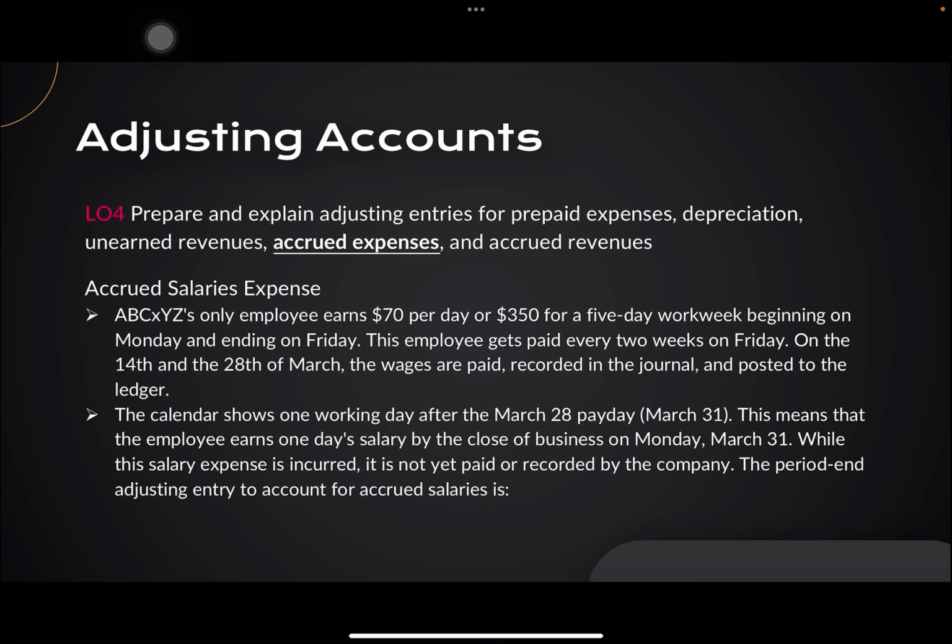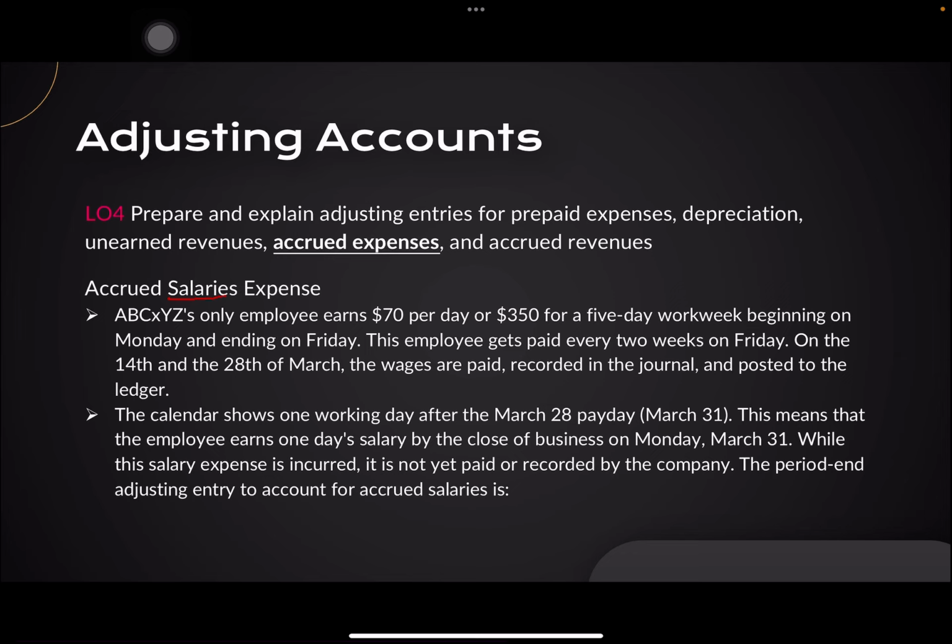On this current slide, this is a new type of accrued expense in a way that this talks about salaries. It says here accrued salaries. So what are accrued salaries? Accrued salaries are the amount that we owe to our employees.